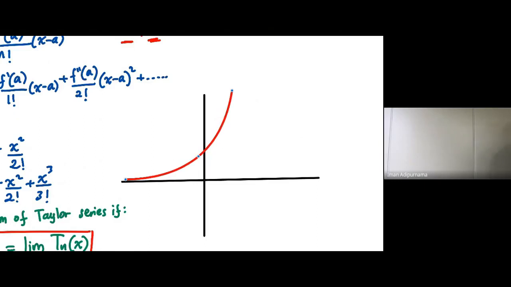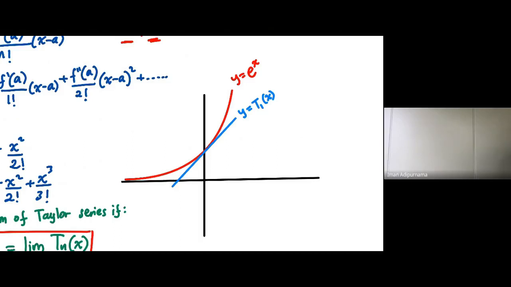Let's say that the red line is e to the x. And this part is y equals T1 of x, because it's only 1 plus x, right?